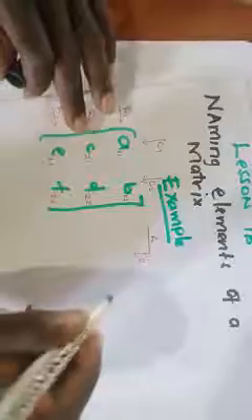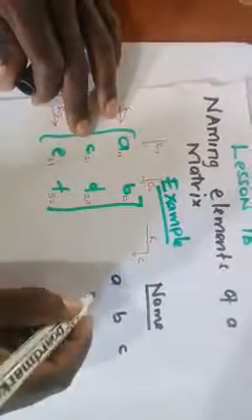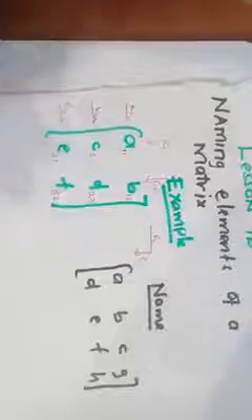Let's look at another example. Now we are trying to name a matrix with elements A, B, C, D, E, F, G, H. Let's name that matrix very quickly. Now, how many rows can you see? Rows are horizontal while columns are vertical.